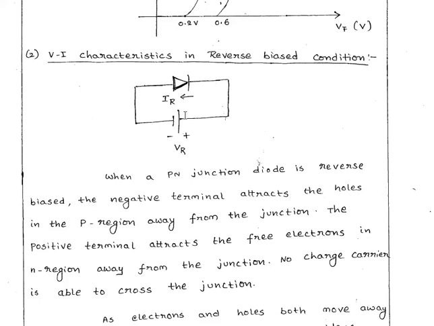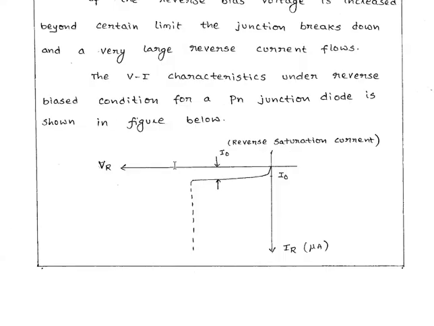Due to those free electrons and free holes, the conduction mainly happens, that is called avalanche current. At some potential, this diode acts as a Zener diode, and if you increase the potential much more than the Zener potential, it acts as avalanche breakdown.